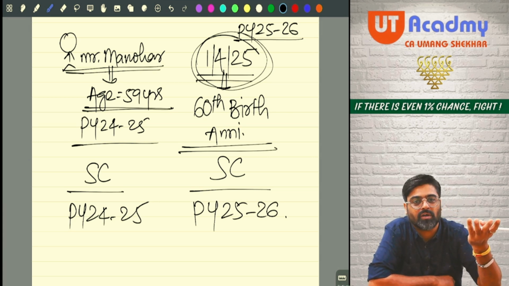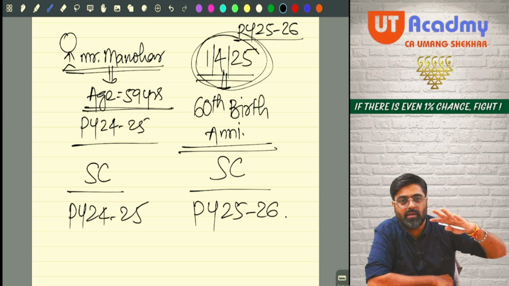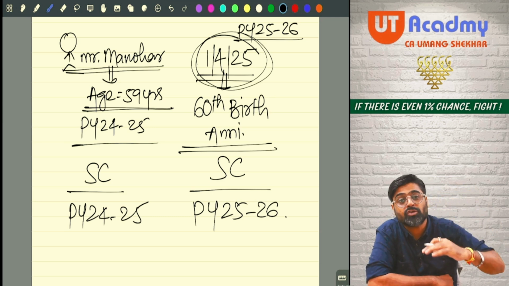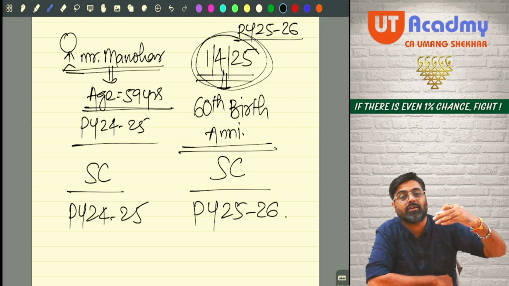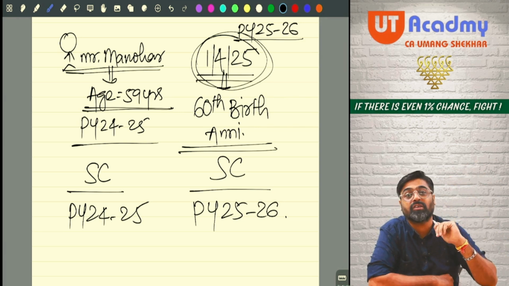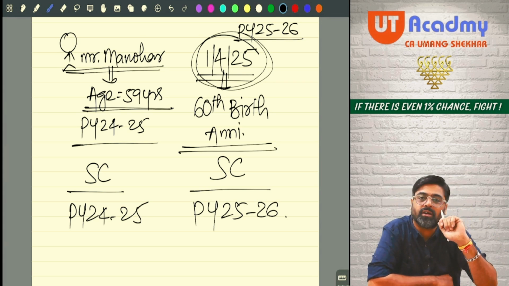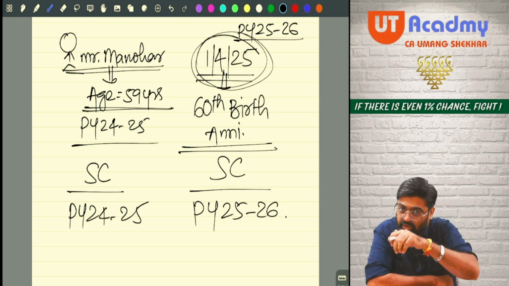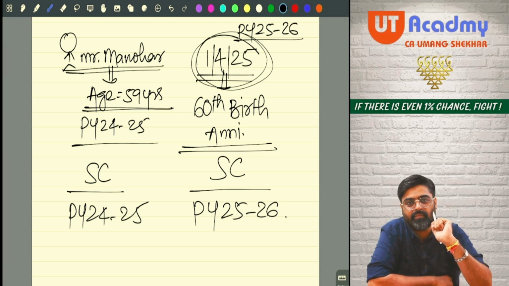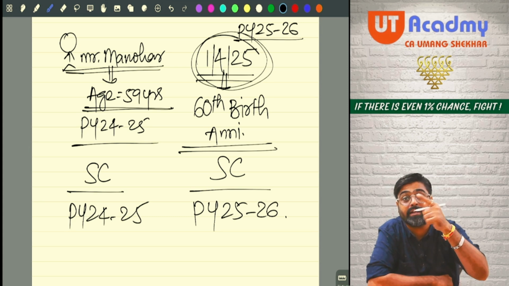Many assessing officers in the department had the view that he should be treated as a senior citizen from the next year onwards because he is celebrating his 60th birthday in the next year. But many assessing officers in the income tax department were of the opinion that he should be treated as a senior citizen in this year itself because he has completed his 60 years in this year only, on 31st March.